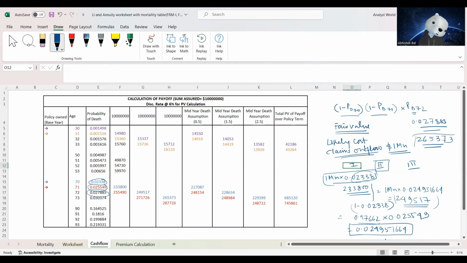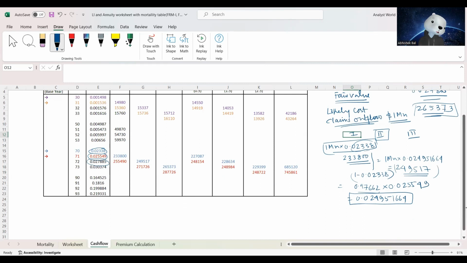But when in any of the years he may die, these are likely to be the probability adjusted payoffs. So in the first year, this happens to be 233,800. In the second year, it is going to be 249,517, and in the third year, it is going to be 265,373, right? So let's just regroup this once again: this is year 1, this is year 2, and this is year 3.